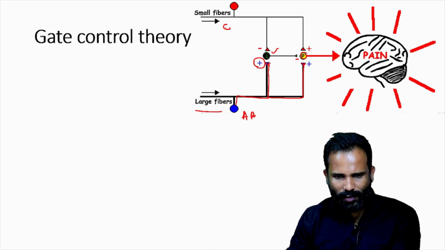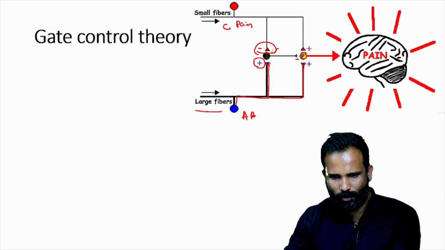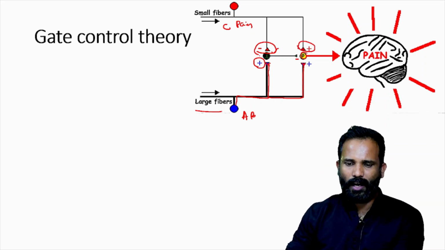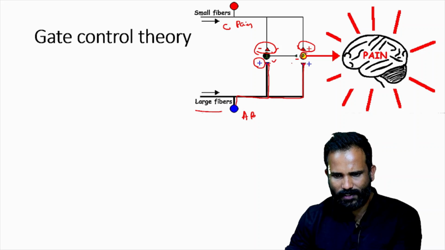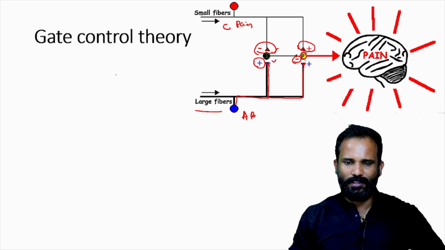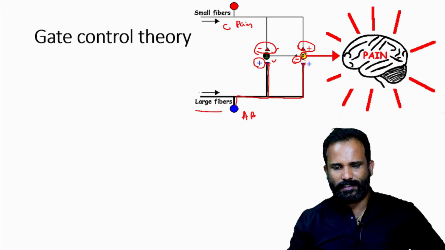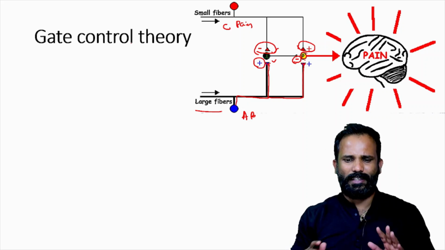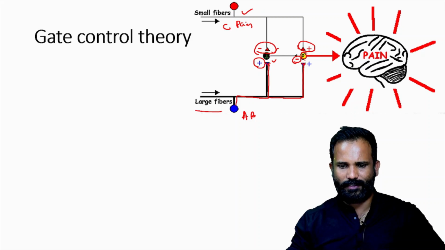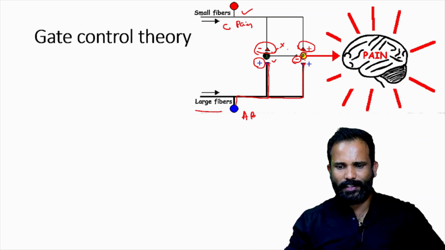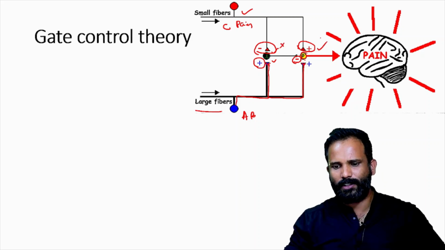Now the small fibers which are carrying the pain are inhibiting the interneuron and stimulating the projection neuron. And if this inhibitory neuron is activated, that will inhibit the projection neuron. Okay, simple. So now let us think that only type C or the small fibers are activated. They will inhibit the inhibitory neuron. They will stimulate the projection neuron. That means pain is transmitted.